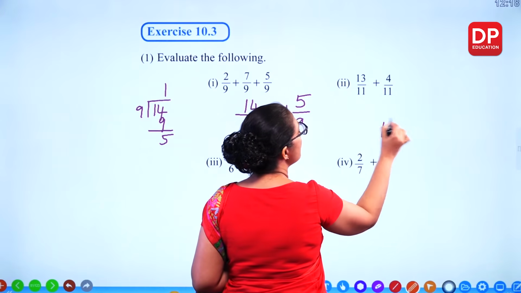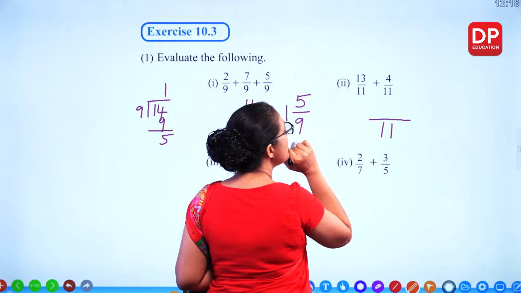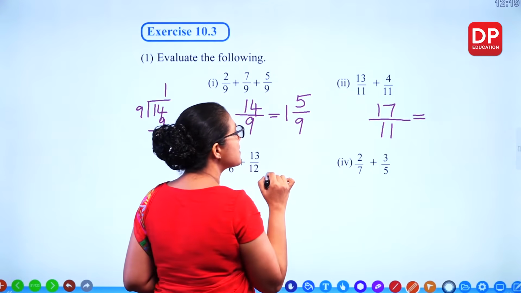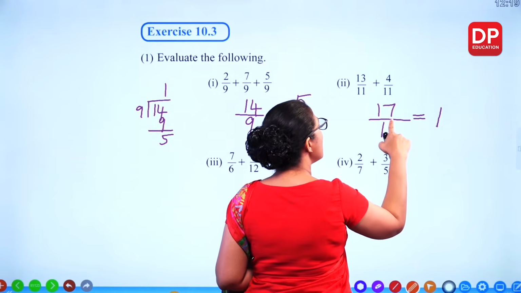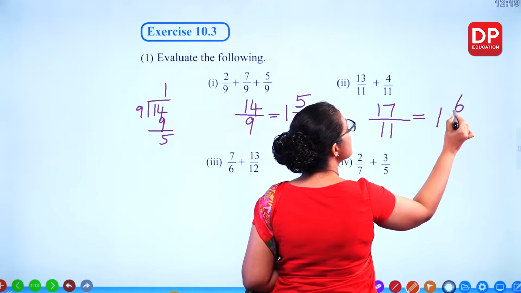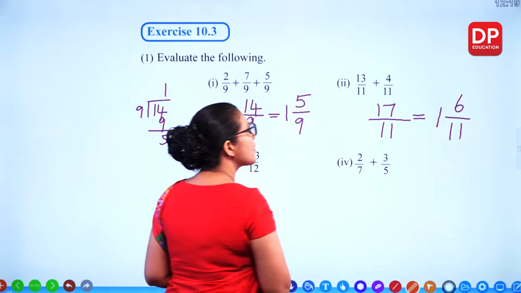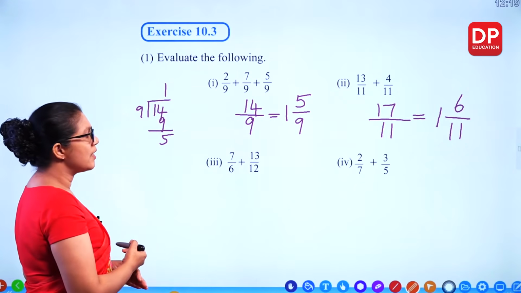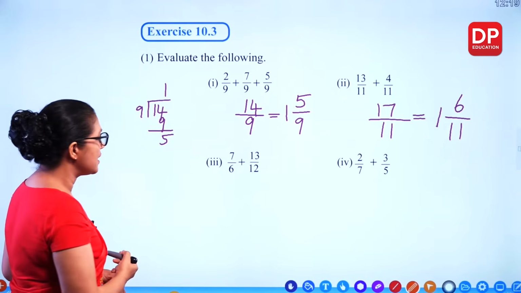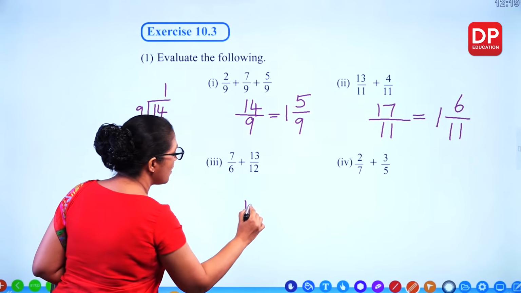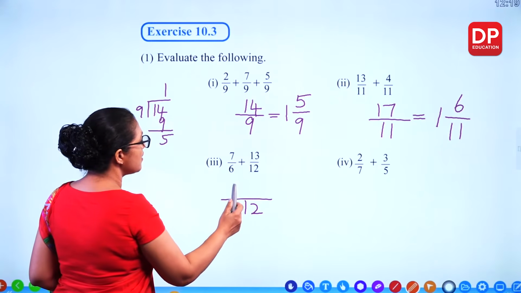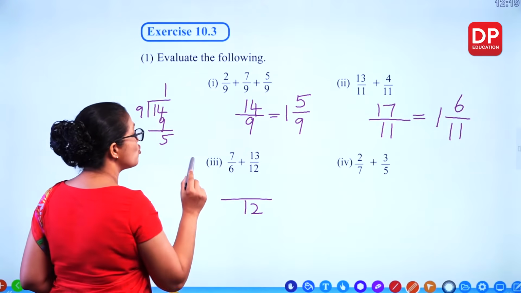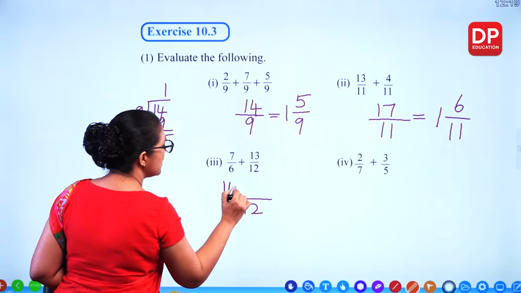This is the same denominator. Just add the numerators. So you get 17. Again, write this as a mixed number. 11 is there. When you subtract 11, 6 is remaining. 6 over 11. This one you have to convert to the same denominator. What's the common one? That's 12. Convert this to 12. So 6 times 2, 12. So 2 times 7, 14.